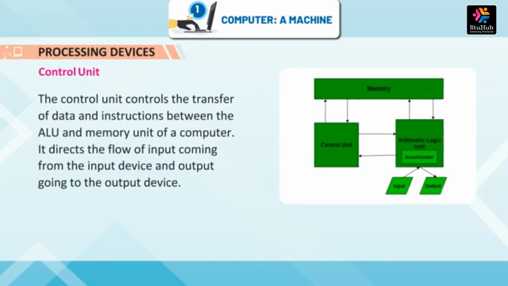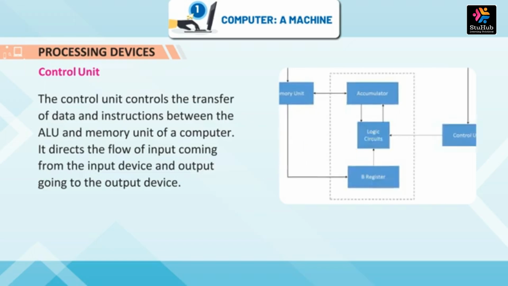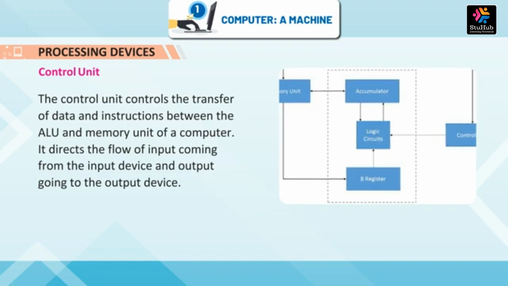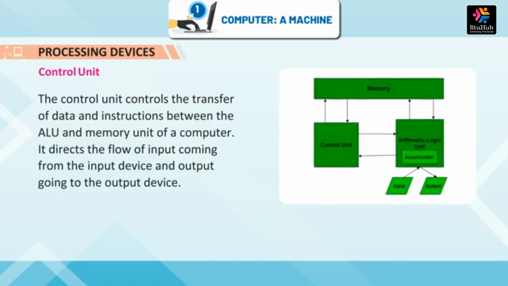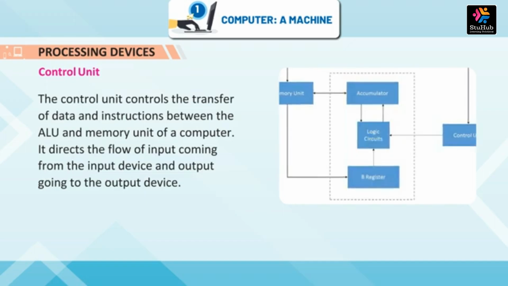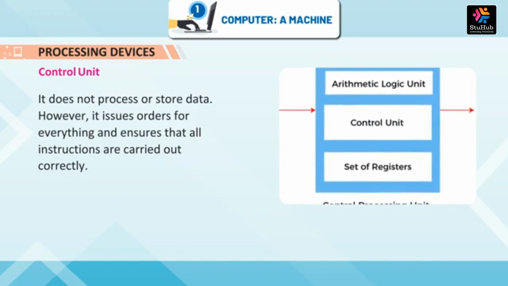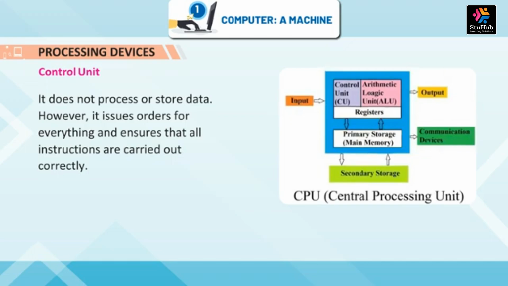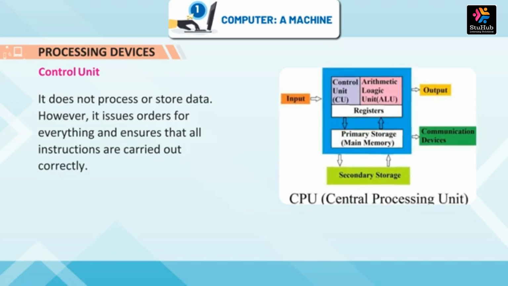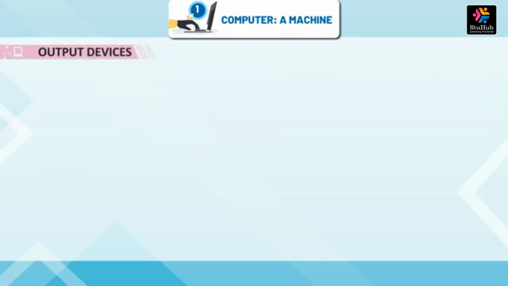Control unit. The control unit controls the transfer of data and instructions between the ALU and memory unit of a computer. It directs the flow of input coming from the input device and output going to the output device. It does not process or store data.